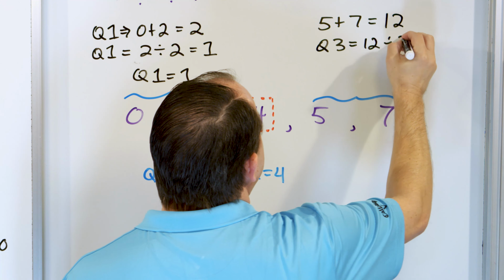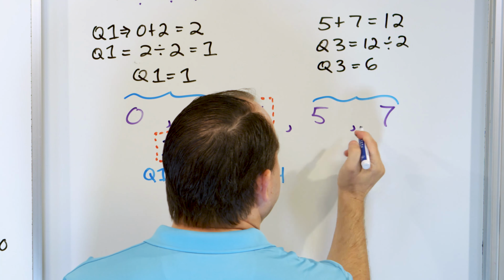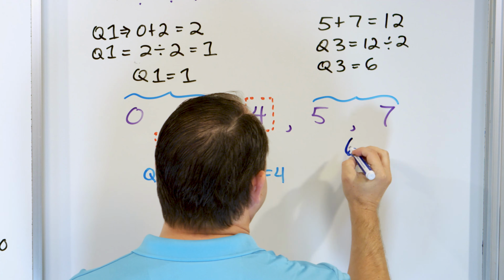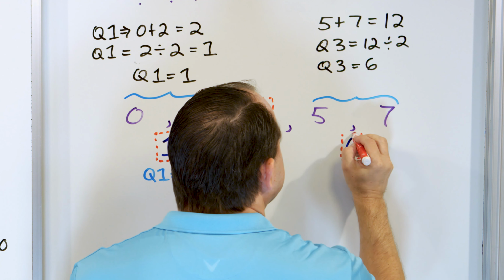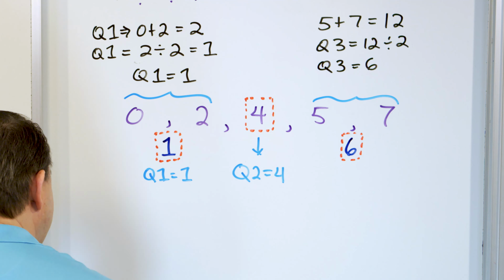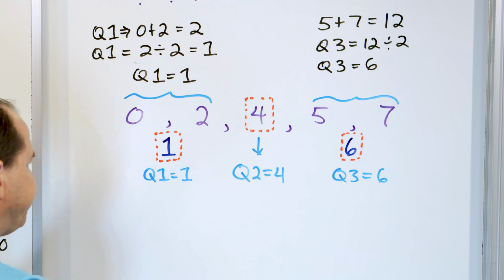And so Q3 is equal to 6. That's exactly what we said should happen. It should be the middle number right here. Because it's another one of those special numbers, I'm going to drop down below and right between them put the number 6, and circle that like this. And then down below, I'm going to write down that Q3 is equal to 6.